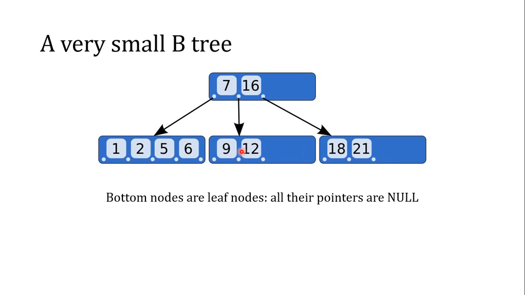The second node is 9 and 12, which comes in between 7 and 16, so the values in this node will always be greater than 7 and less than 16. Another pointer starts after the right hand side of 16, so the values in this leaf are always greater than 16.